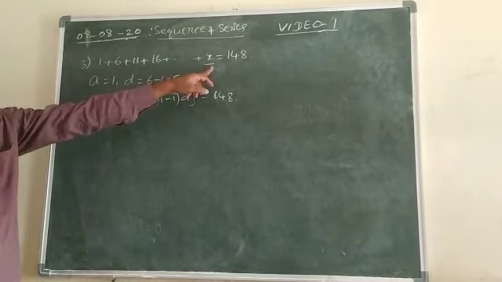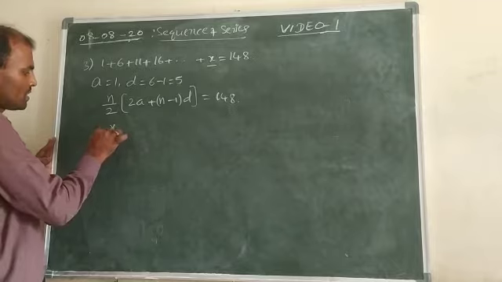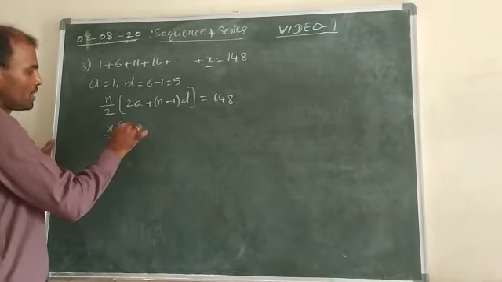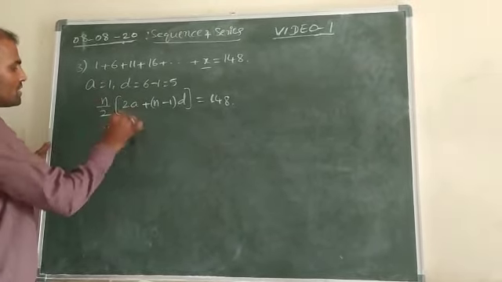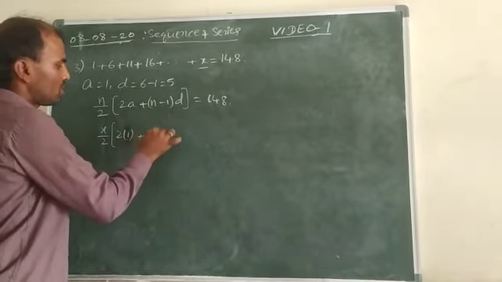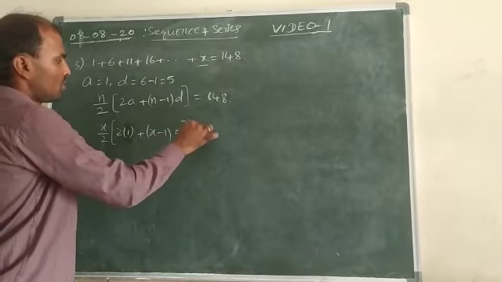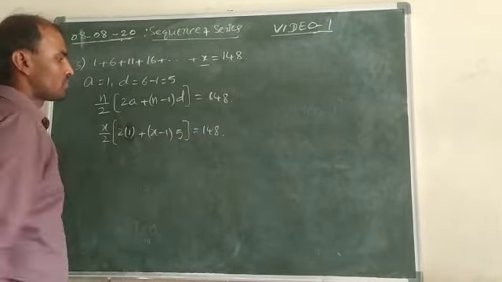The last term is x. So x by 2 into 2 into a value. What is the a value? Clearly 1, plus x minus 1 into d. What is d? Common difference 5, equal to 148.